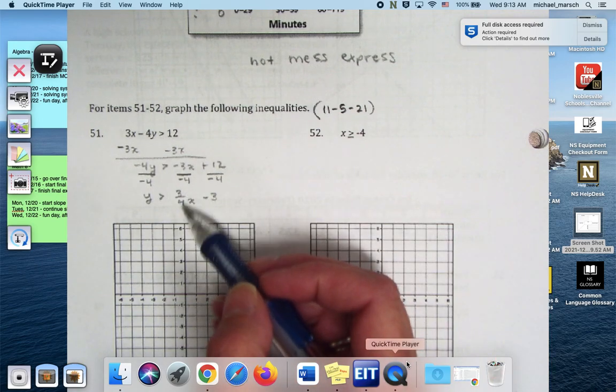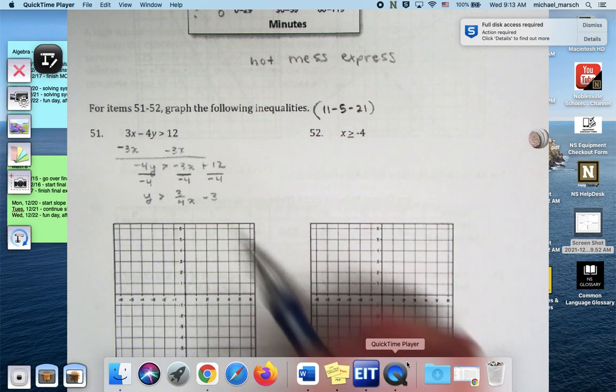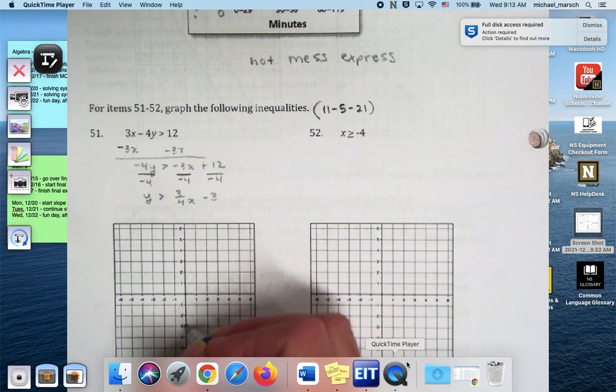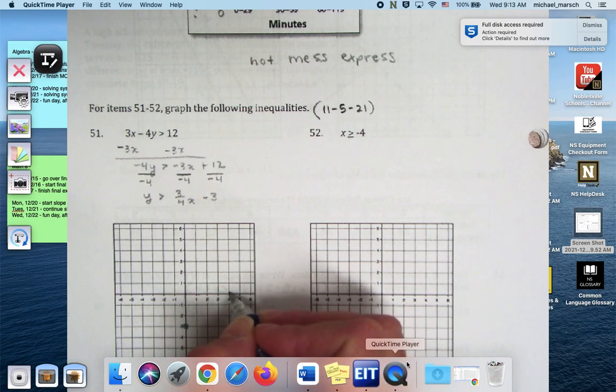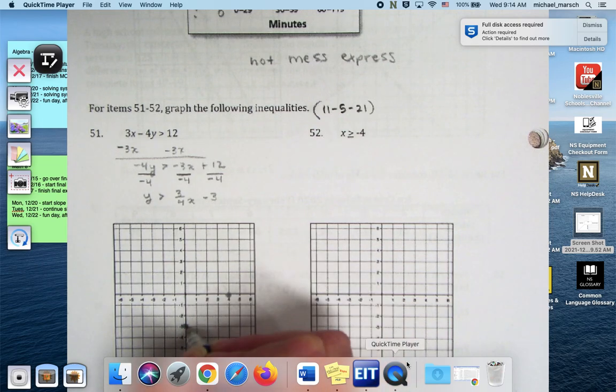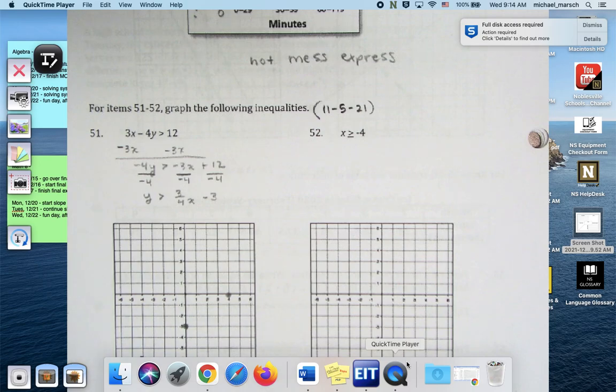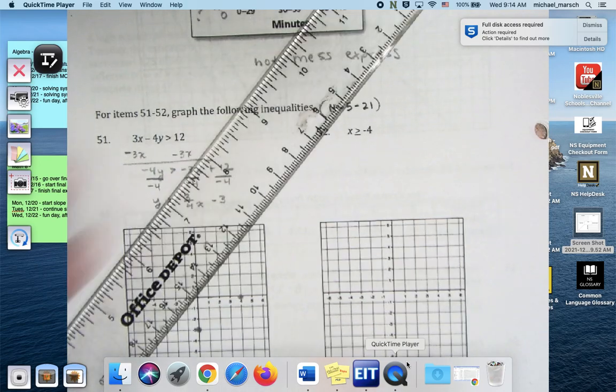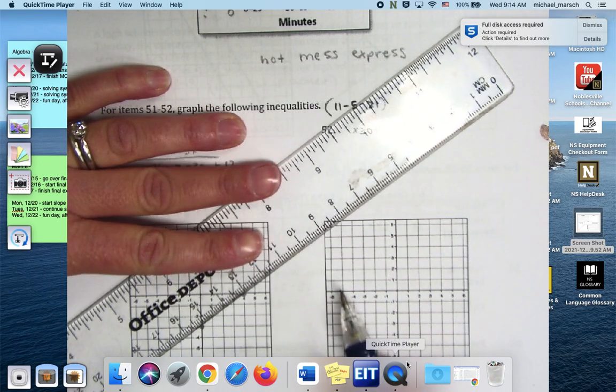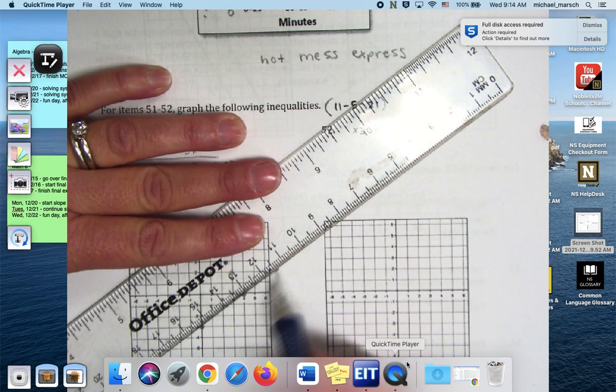This became positive, right, because a negative divided by a negative. So I'm going to go down to -3, and I'm going to go up 3/4, and then down 3, back 4. I'm going to have a dashed line because it's only greater than, it's not greater or equal.